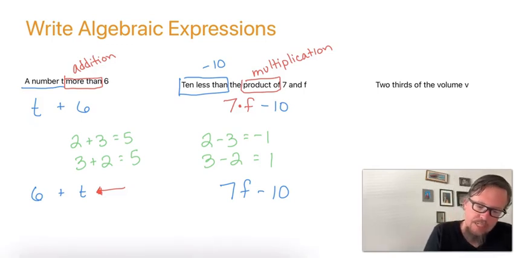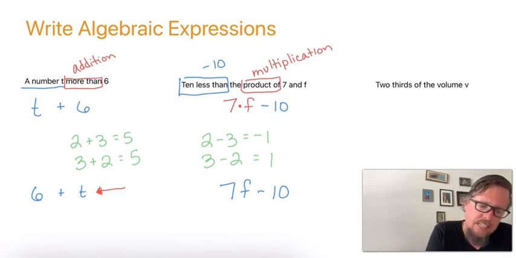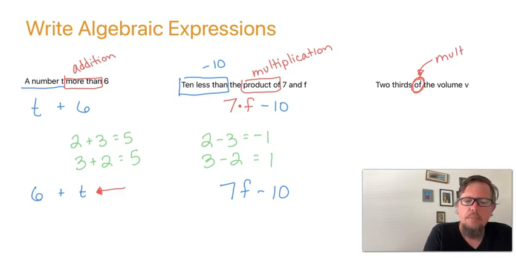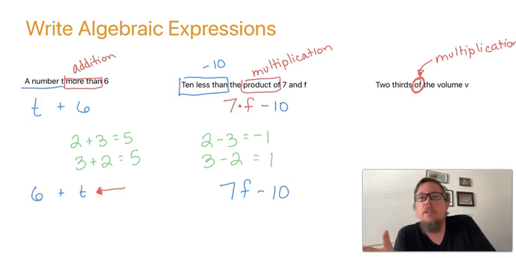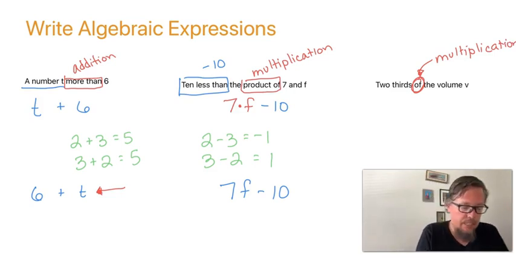Let's look at this last one here. It says 2/3 of the volume V. Of is the key word in this sentence. Of is also a mathematical word, believe it or not, and of means multiplication as well. So when you see of, that means to multiply. What are the two things we're multiplying? It says 2/3, then it says of, that's multiplication.